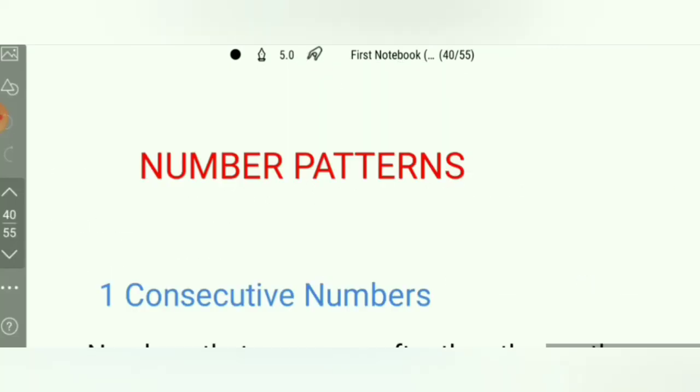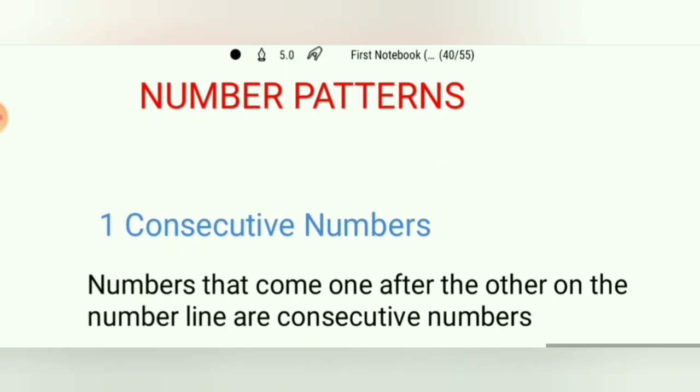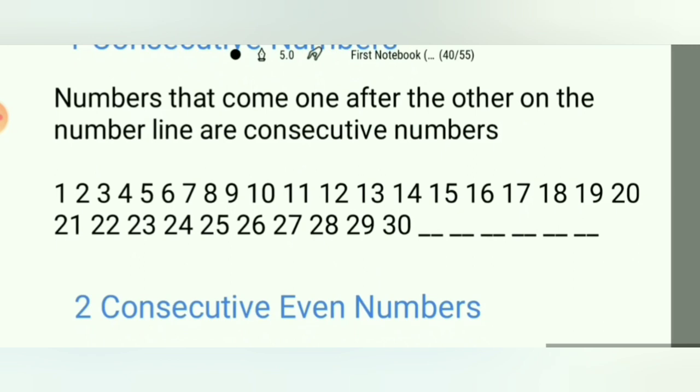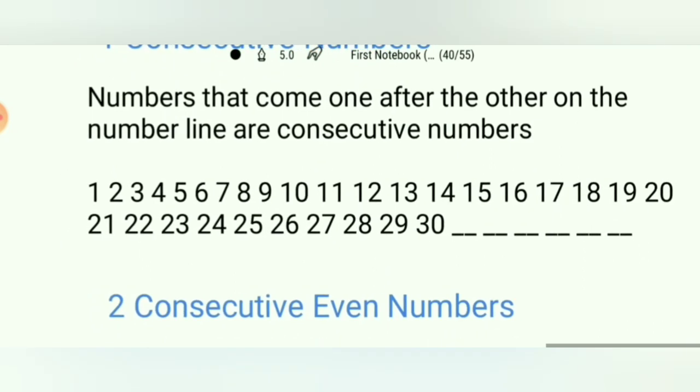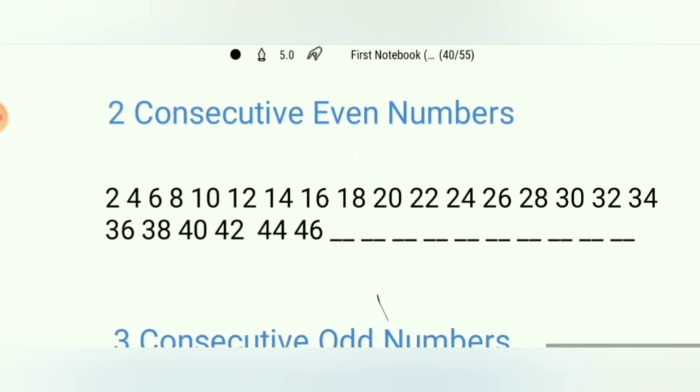Next, we will see number patterns. What are number patterns? Number patterns means odd numbers, even numbers. Already we have learned. See, first is consecutive numbers. Numbers that come one after the other on the number line are called consecutive numbers. 1, 2, 3, 4, these are consecutive numbers. Next is consecutive even numbers.